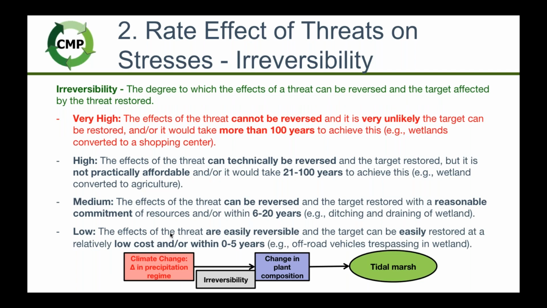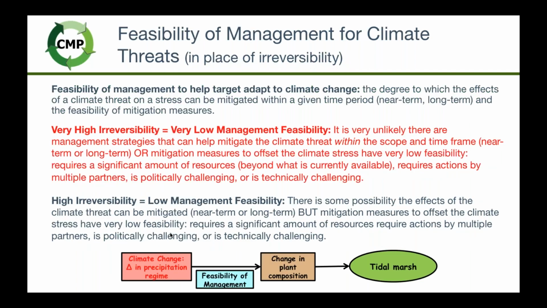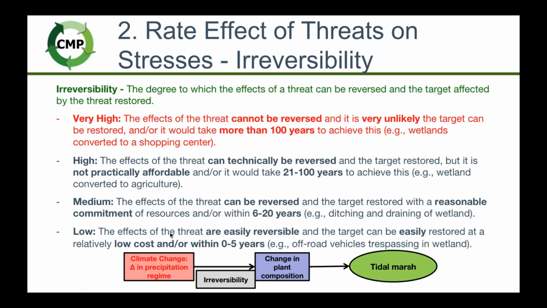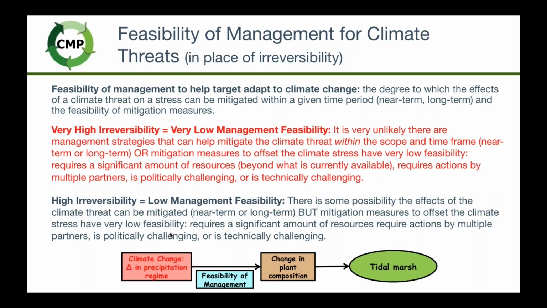And then, oops, why does this say irreversibility? Okay, so typically this would be irreversibility, but in this case we're recommending using the feasibility of management instead. Because we're talking about changes in the precipitation regime that's driving changes in plant composition, the team rated this as having very high, I'm sorry, I didn't adjust the wording of these slides because I didn't use these during the CCNet rally.